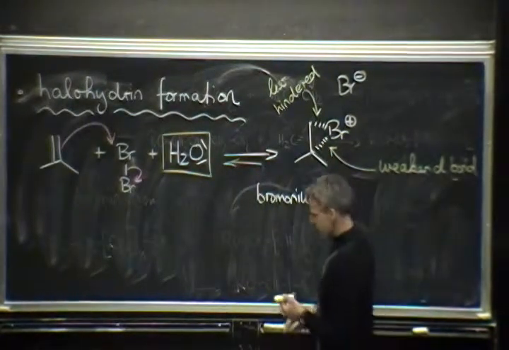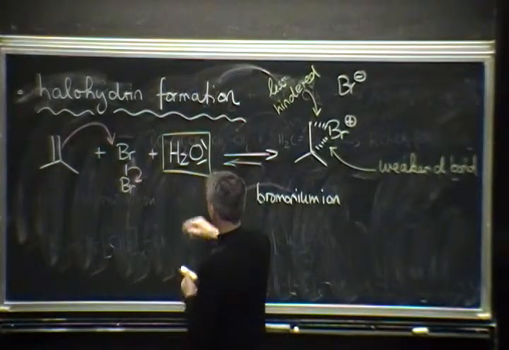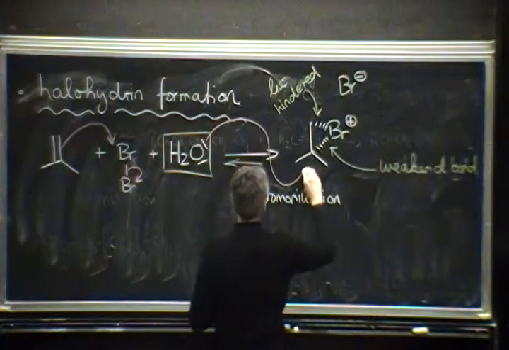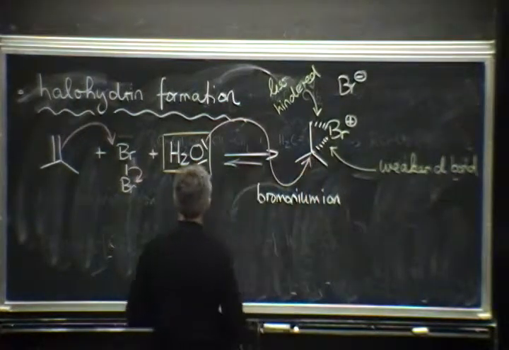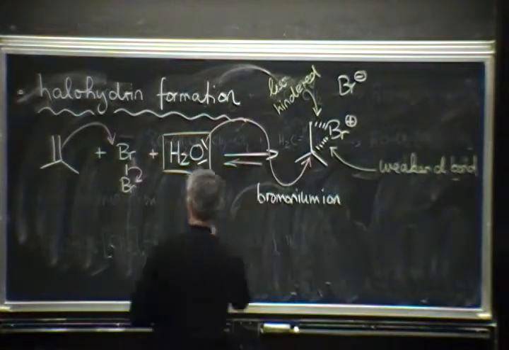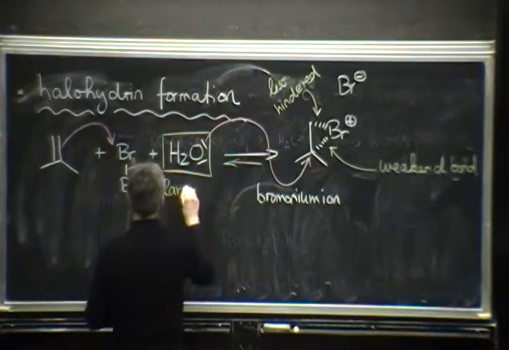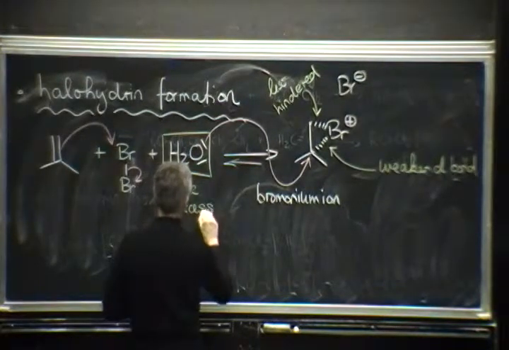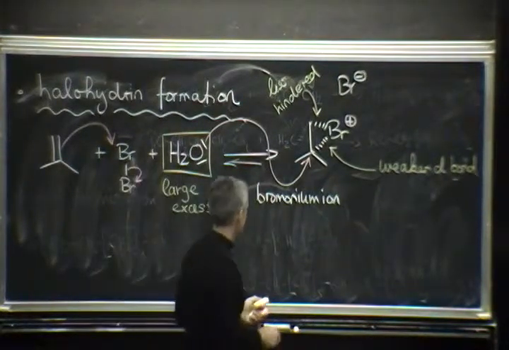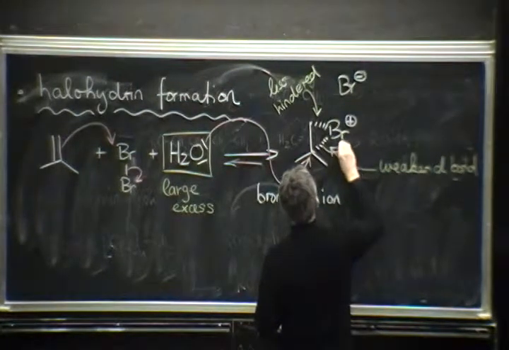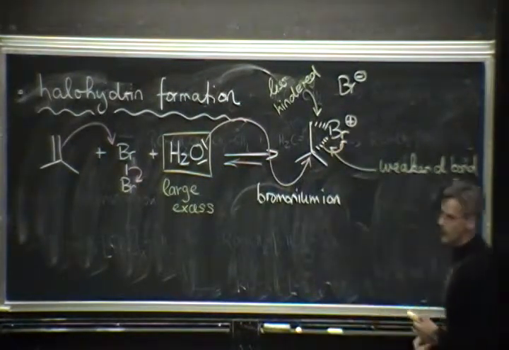And so, in fact, the competition here, we have a lot of water, leads to water being the more successful one. So we have an excess of water. So water becomes the nucleophile. This is in excess, large excess. So we're actually breaking here the weaker bond.